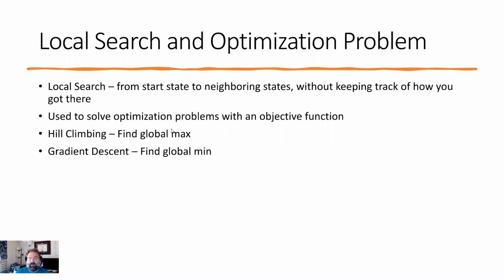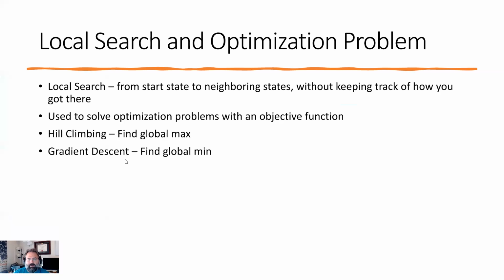It sometimes works out okay, but only if the search space doesn't have some interesting characteristics or behaviors. Hill climbing is when you're trying to find the maximum, and like the name implies, you just keep going uphill, and eventually you'll think you've reached the top. The problem is you might reach the top of a hill, but not the top of the mountain, because you have to go down to get to it.